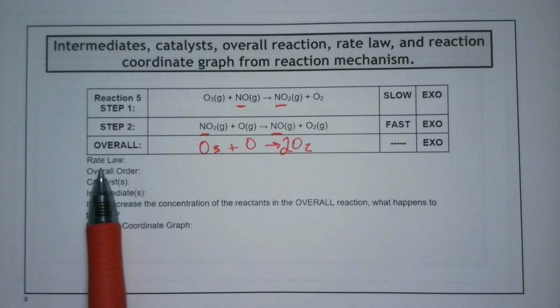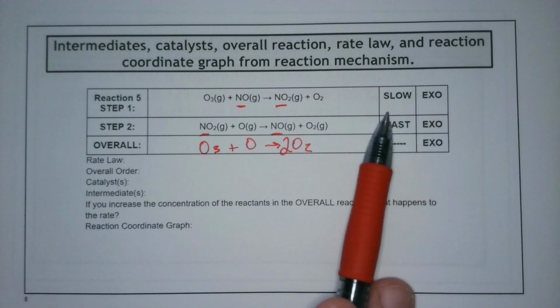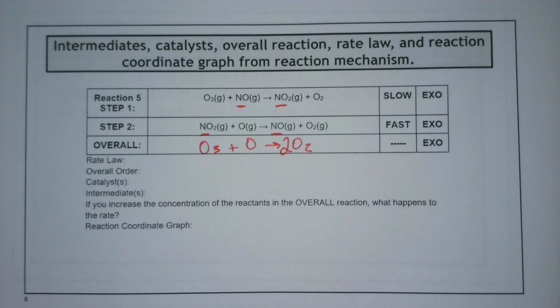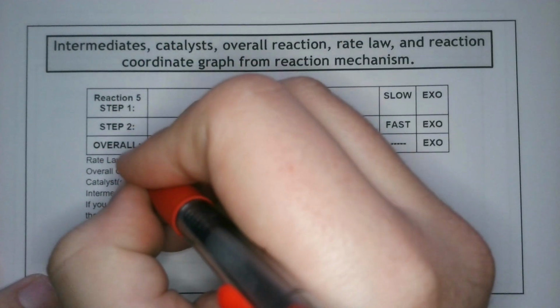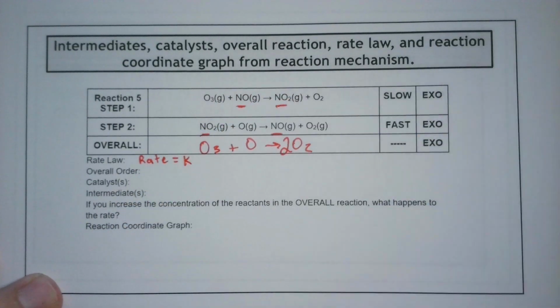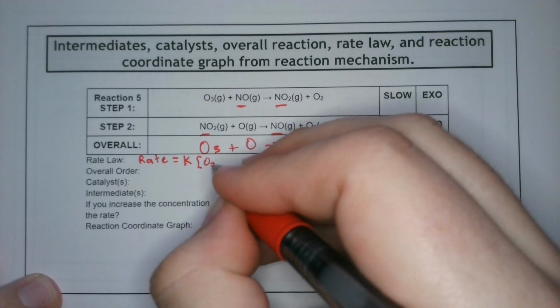So for the rate law, you just find the slow step. Your slow step's kind of like your bottleneck step. It's what's stopping the reaction from proceeding, and it's all that affects the rate. Go to your slow step, use the reactants here to write your rate law. So my rate law, right, rate equals k. That's how you always start a rate law. Your first reactant is O3, put it in brackets.